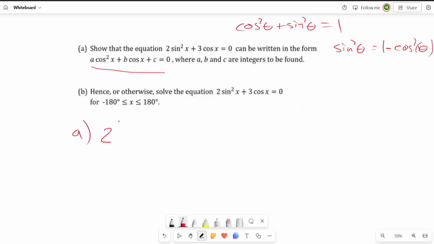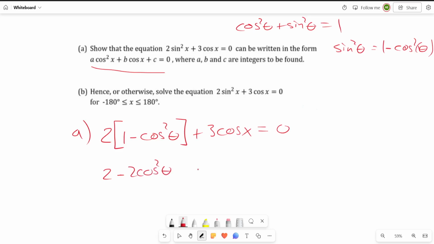So 2 times, instead of sine squared theta, I'll write 1 minus cosine squared theta, plus 3 cosine x equals 0. I'll distribute the 2, so it's going to be 2 minus 2 cosine squared theta plus 3 cosine. Oh, this is x, this is not theta, sorry. So it's x and x, it's the same thing. So 3 cosine x equals 0.